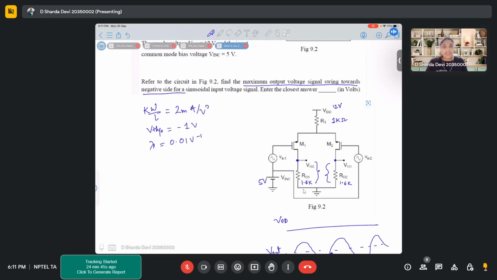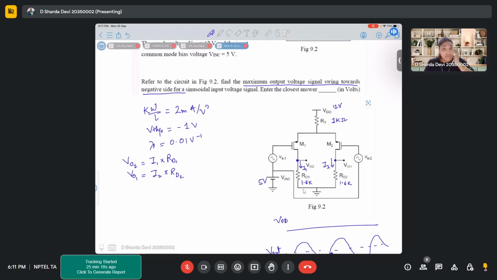Are you getting my point? So how would we write? Yes, so Vo1, we can write it as the current flowing through this, let's say I1, and the current flowing through this is I2. So if I write Vo2 is equal to I1 into RD1 and Vo1 equal to I2 into RD2, is it correct?